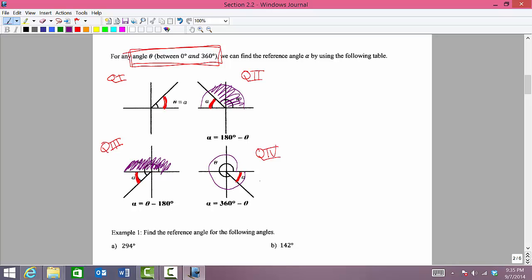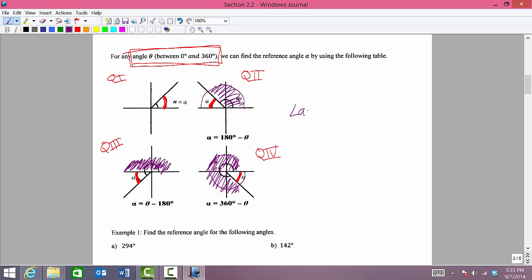We start with the larger value of 360 and subtract off everything we don't want, which turns out to be everything that was part of the original angle. That'll leave us that little portion that was just shy of a complete rotation. So we'll do 360 minus the original angle.